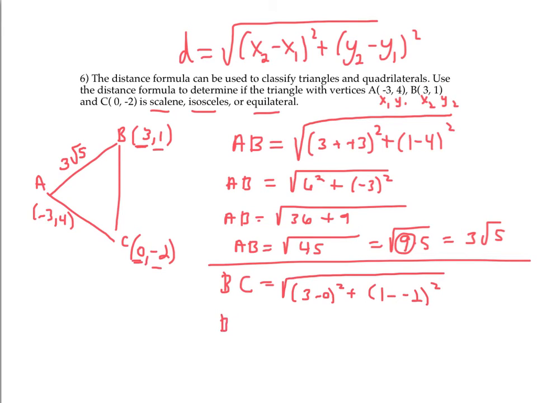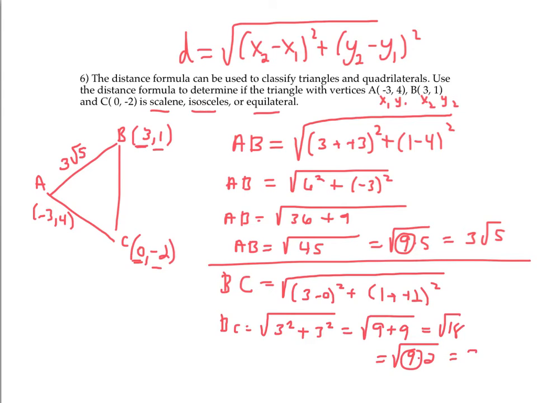So BC will be equal to the square root of 3 squared plus 3 squared, because the 1 minus a -2 turns into 1 plus 2, which is +3. So that's equal to the square root of 9 plus 9, which is the square root of 18. And of course that will simplify to the square root of 9 times 2, or 3 square root of 2. So let's label that side with 3 square root of 2.